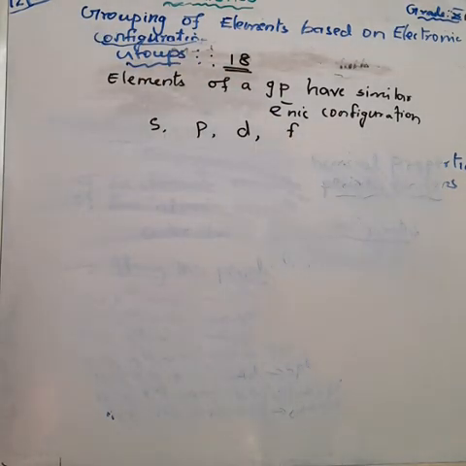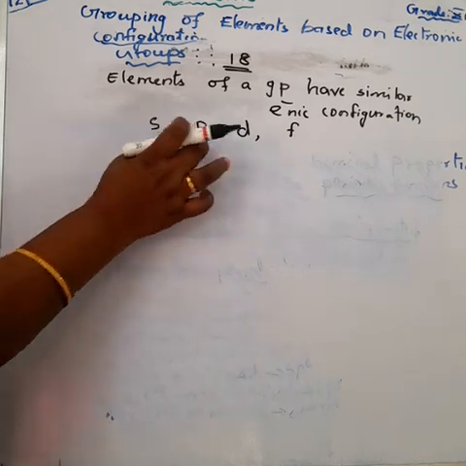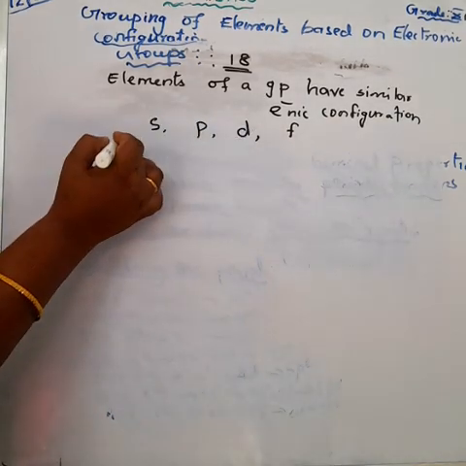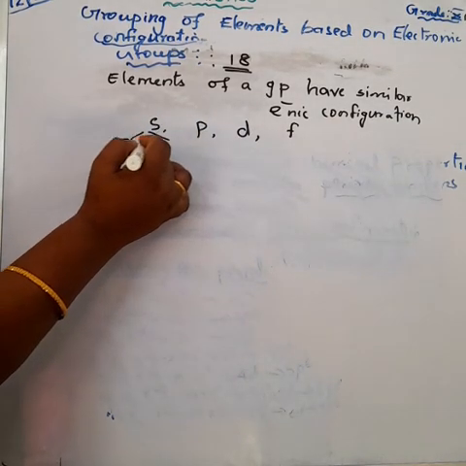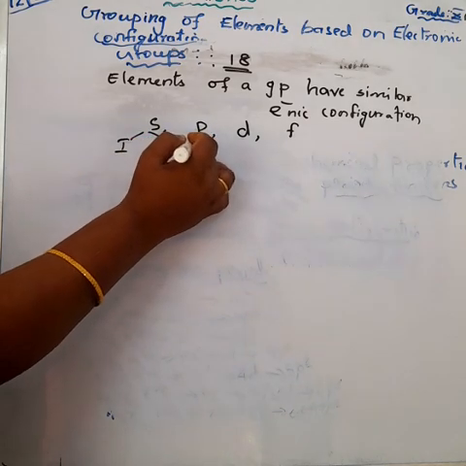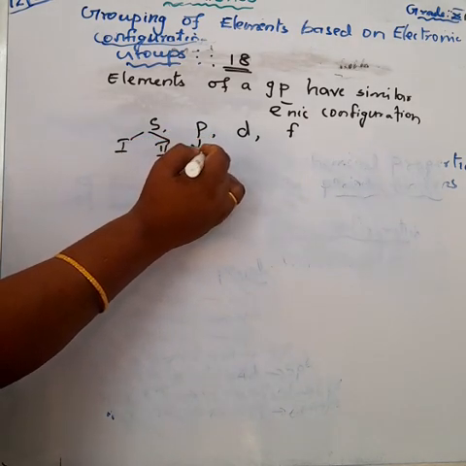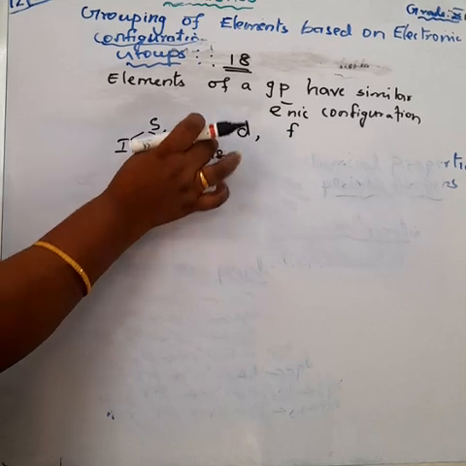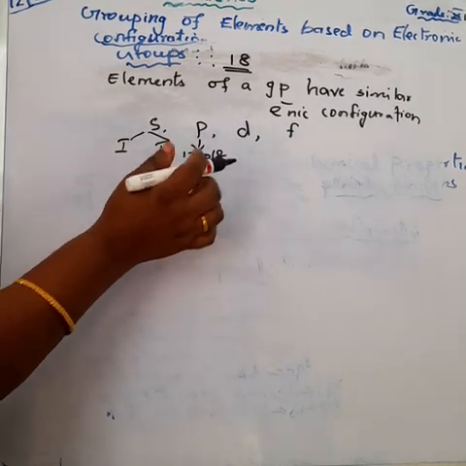Listen here. The first and second groups we call the S block elements, and groups 13 to 18 are called P block elements.